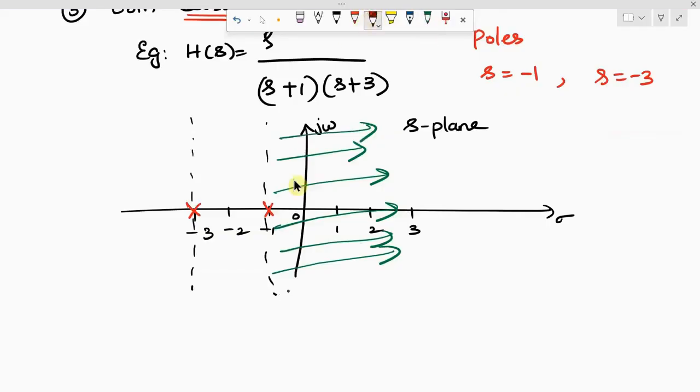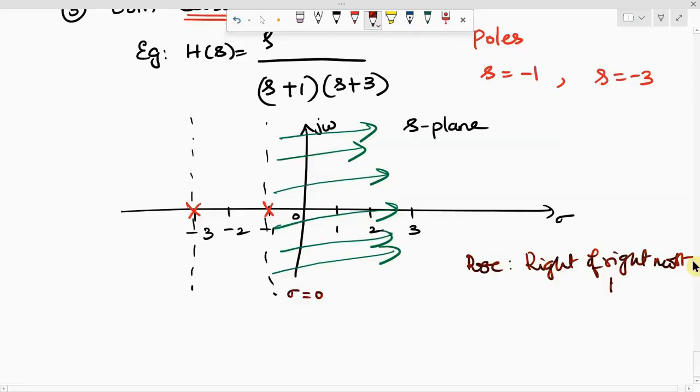Now please check whether the imaginary axis is included or not. Yes, sir. So here the ROC is right of the rightmost pole, and the imaginary axis is inside the ROC.